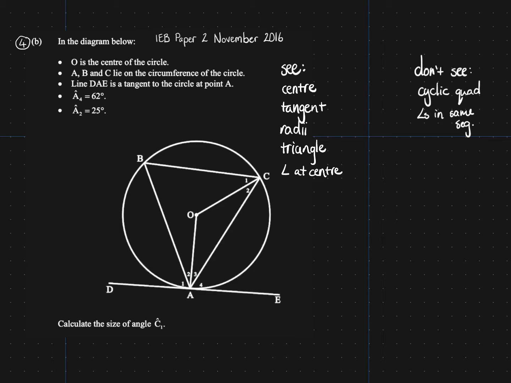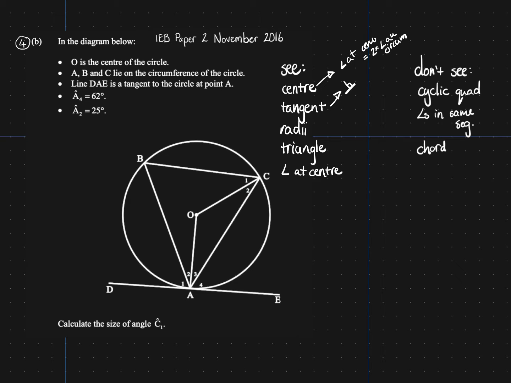So the reason I do that is because when I say center, I can then start thinking about the theorems like angle at center equals twice angle at circumference. I can also think with the tangent linked with the center. I can think of 90 degrees, how it meets up over there. I don't see any chords, sorry.